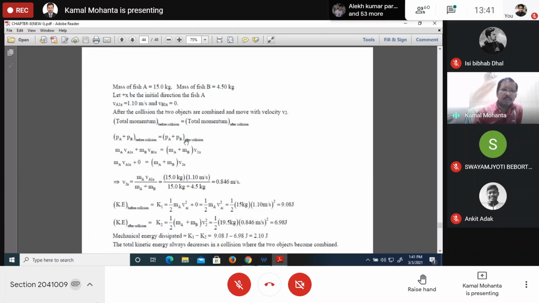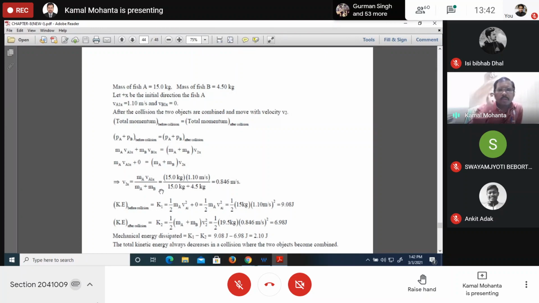MA VA1x plus MB VB1x is equal to MA plus MB times V2x. The second body is at rest, so VB1x is equal to 0. So MA VA1x is equal to MA plus MB times V2x. So V2x is equal to MA VA1x divided by MA plus MB.